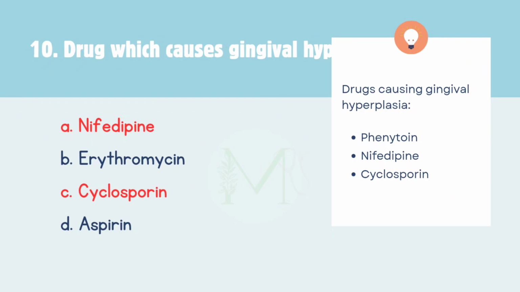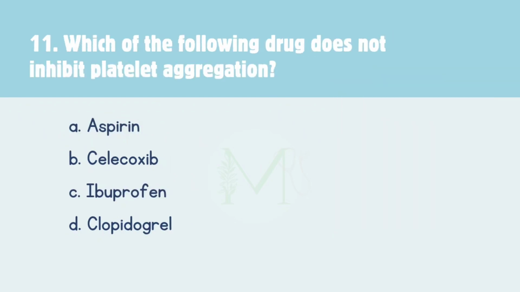Erythromycin is an antibiotic and does not cause gingival overgrowth. Option C is cyclosporin. It is an immunosuppressant used in organ transplantation and autoimmune diseases. It causes gingival overgrowth due to its impact on collagen metabolism. Option D is aspirin. This is incorrect because aspirin is an NSAID and it doesn't have gingival hyperplasia as a side effect. Let's move on to the next question.